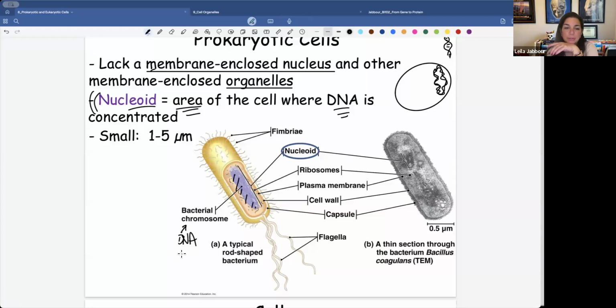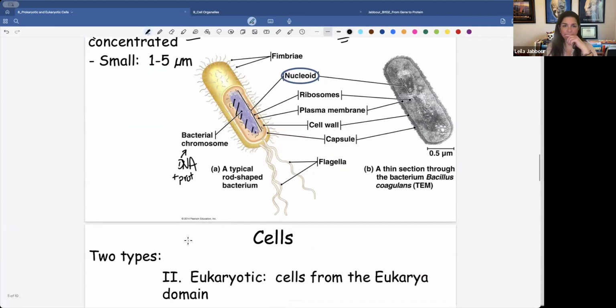DNA plus proteins that are bound on the DNA form what we call the chromosome. So the chromosome is the genetic material that's made out of DNA and some proteins that are assembled together to kind of stabilize everything.